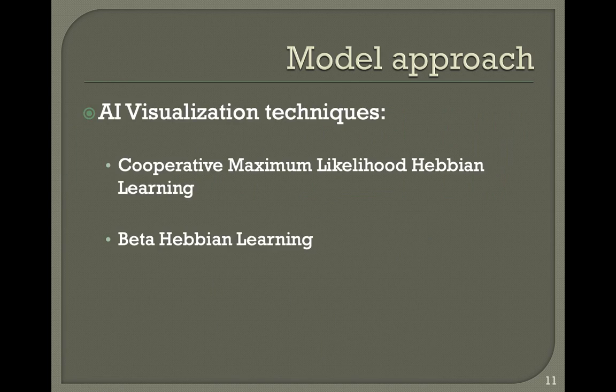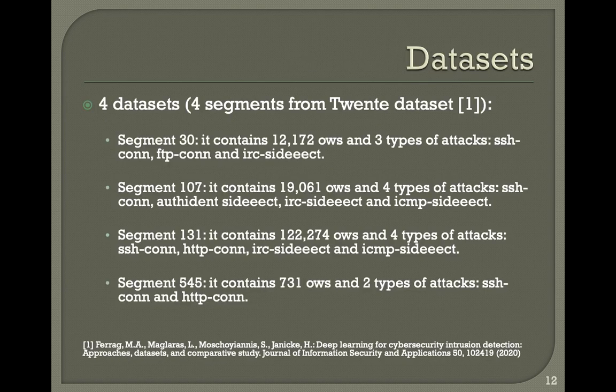In this paper, the two techniques applied are the cooperative maximum likelihood Hebbian learning and the beta Hebbian learning, both belonging to the exploratory projection pursuit methods. The data sets used are 4 data sets, which belong to the 20 data sets, and they have been divided in 4 segments.